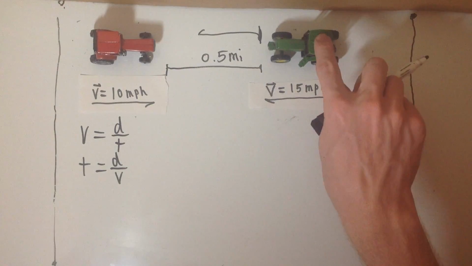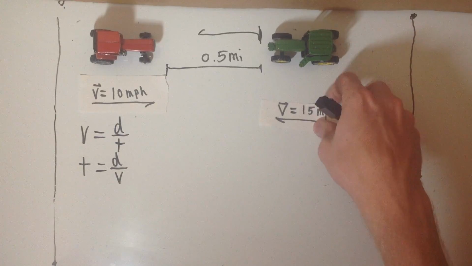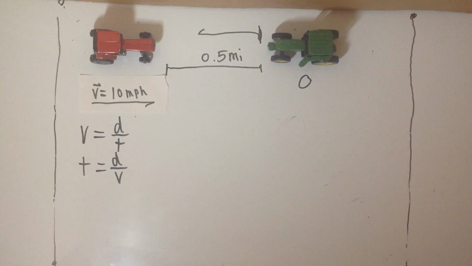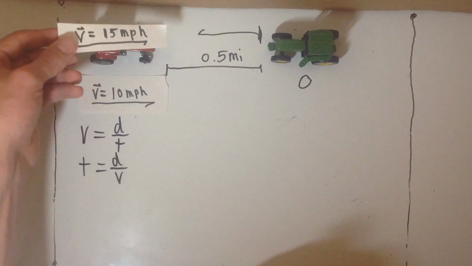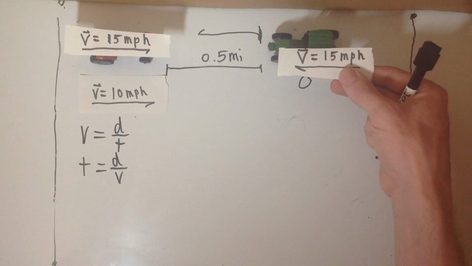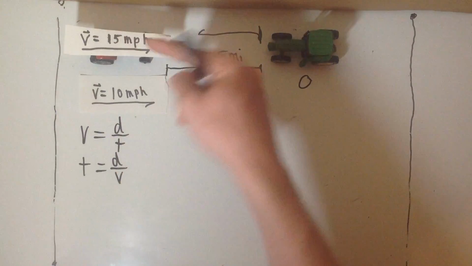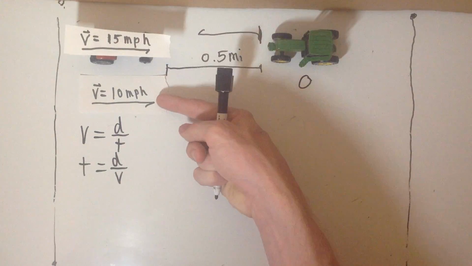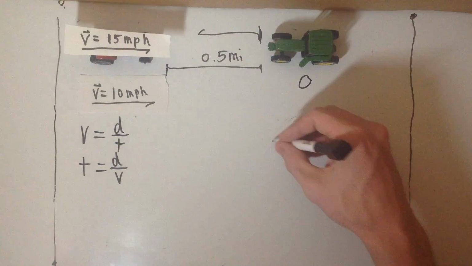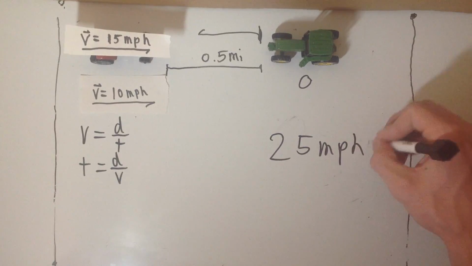So if we think of this tractor standing still, with a velocity of 0 here, we can think of it instead as the red tractor gets added the 15 miles that were on the green tractor. So the red tractor is now going at 15 miles per hour plus another 10 miles per hour, making it a total of 25 miles per hour.